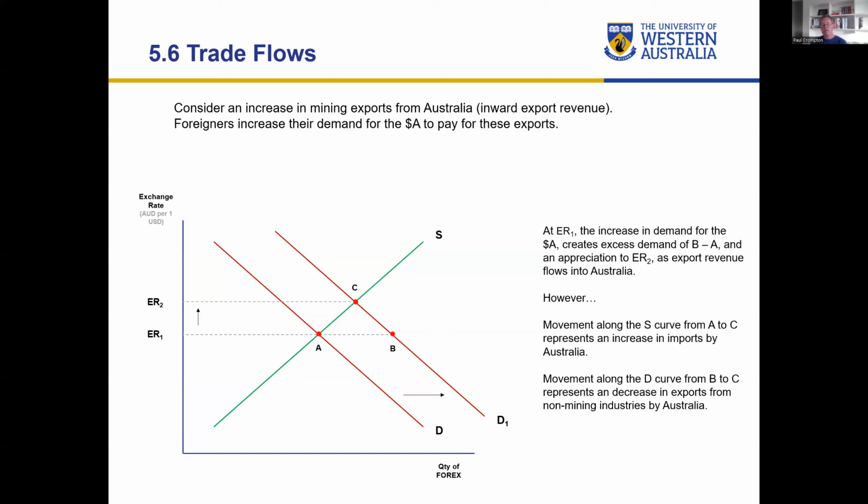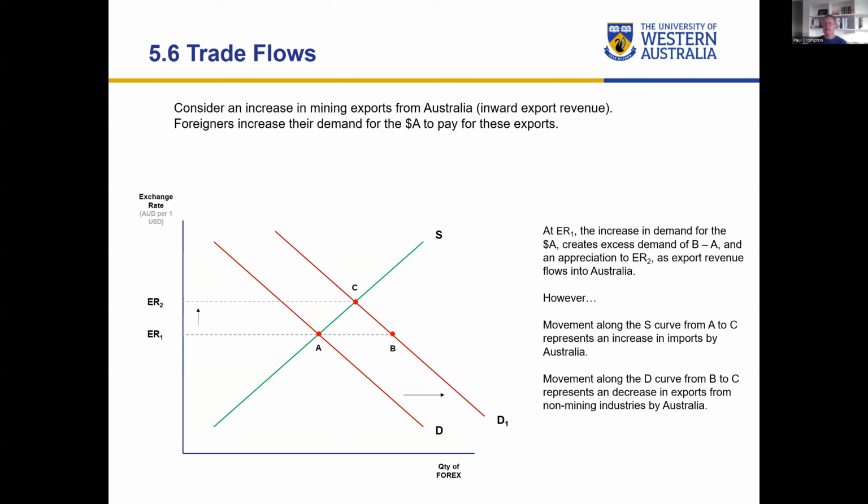So now that the exchange rate has appreciated, we get more units of foreign currency per 1 unit of Australian dollars. So an appreciation of the exchange rate from ER1 to ER2 means we get more foreign exchange for every $100 Aussie we have. And that obviously means we can buy more imports. Or another way of thinking about it is imports are now cheaper in Australian dollar terms.